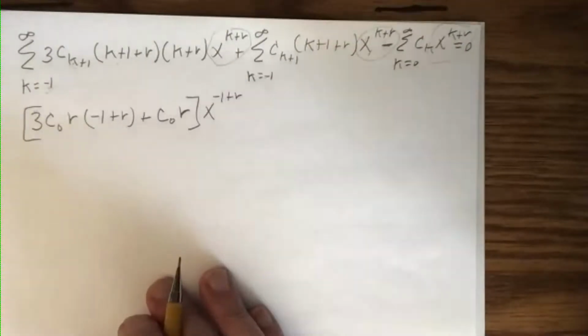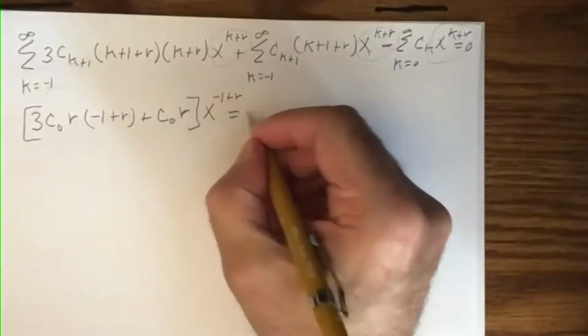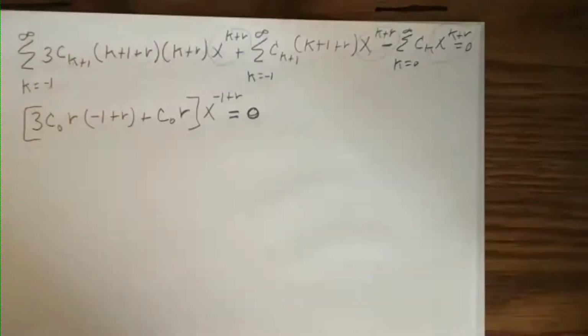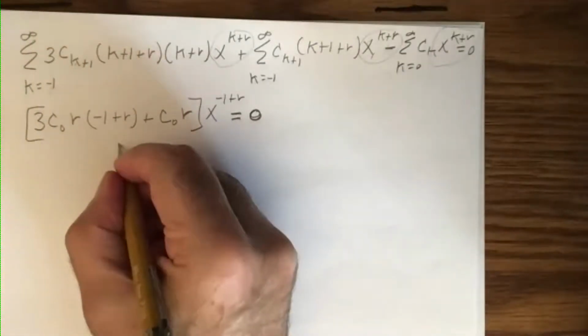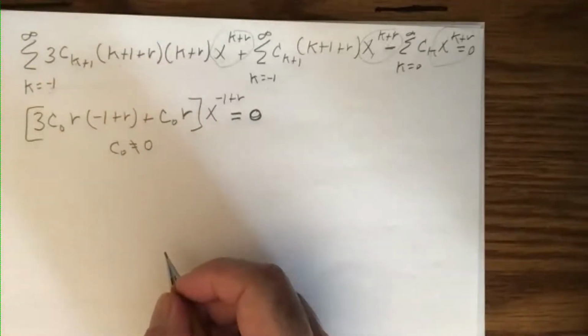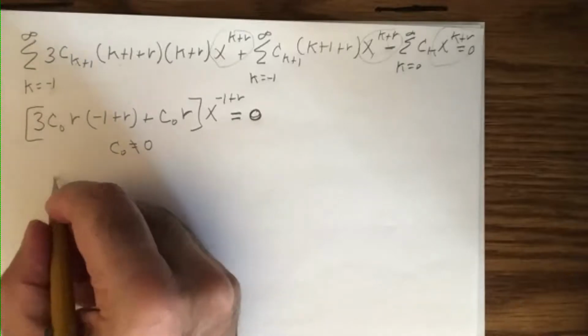All right, so now everything here is equal to 0, so this has to equal 0. Now, it also turns out that c sub 0 is not equal to 0. So I could factor out the c0.